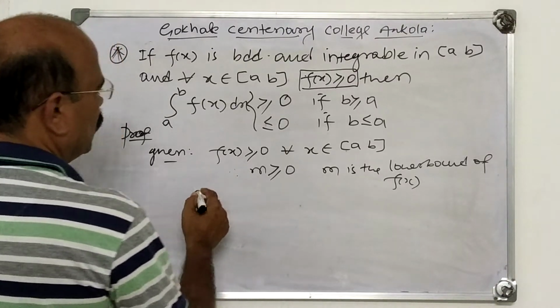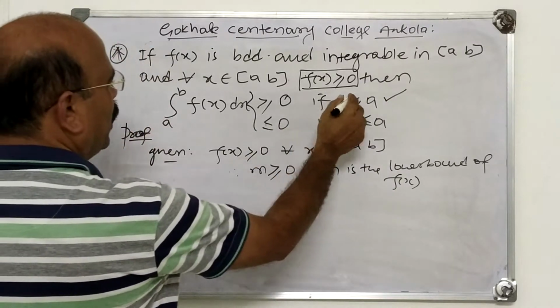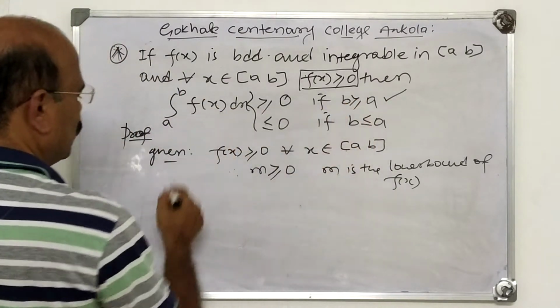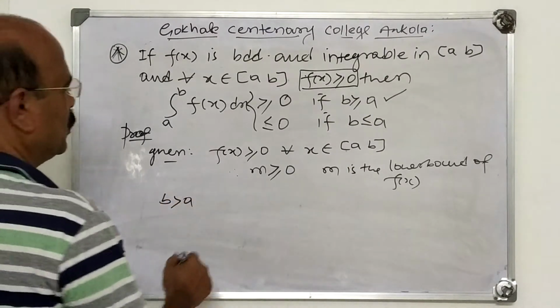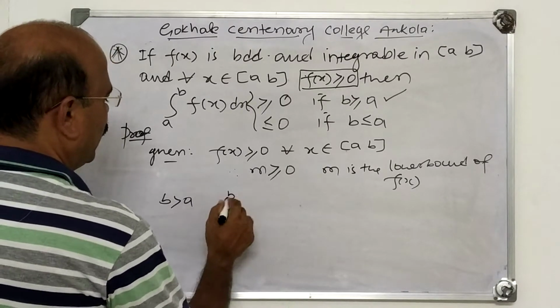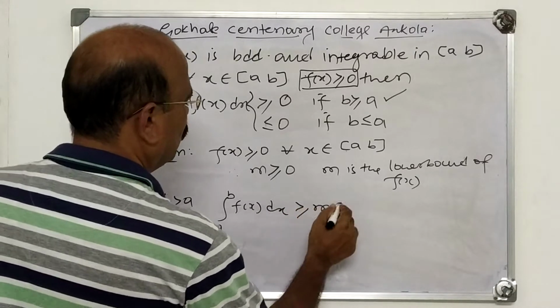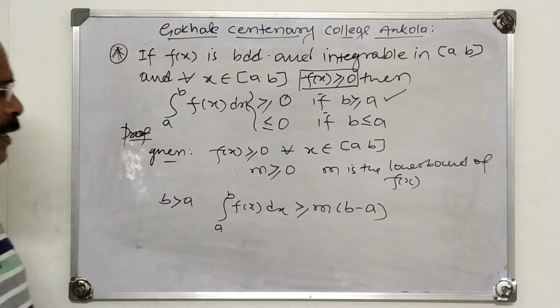Now take the first result. Suppose b equal to a, the result is obvious. Suppose b greater than a, then what happens? For b greater than a, we have the integral from a to b of f(x) dx is greater than or equal to m into (b minus a), because of that inequality.